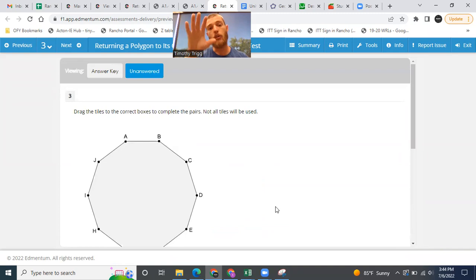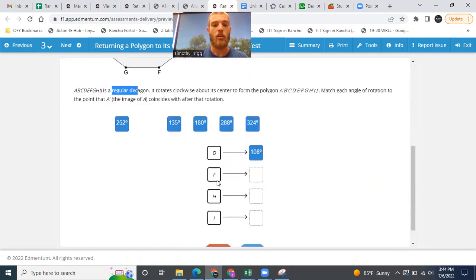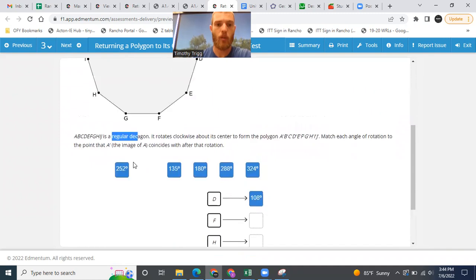So each increment around, from A to B was 36, then from A to C, it's 36 times 2, right? So each rotation is 36 more degrees. So figure out how many degrees to get to F, H, and I, going clockwise.